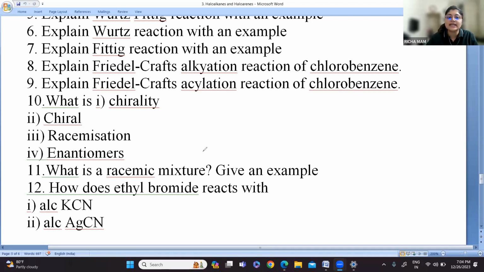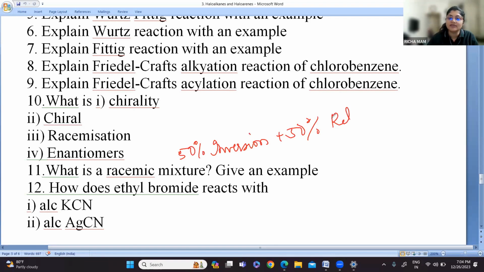Next is what is a racemic mixture? Give an example. A racemic mixture is a mixture containing two enantiomers in equal proportions. So 50% inversion and 50% retention.